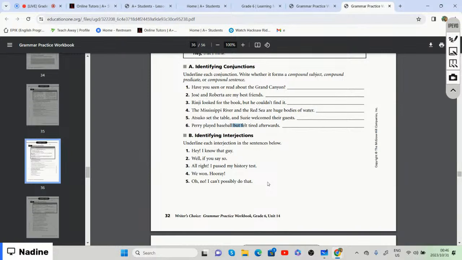And our most common coordinating conjunctions are and, but, or, so. Those are our most common conjunctions. And we have also identified some coordinating conjunctions within the sentences.